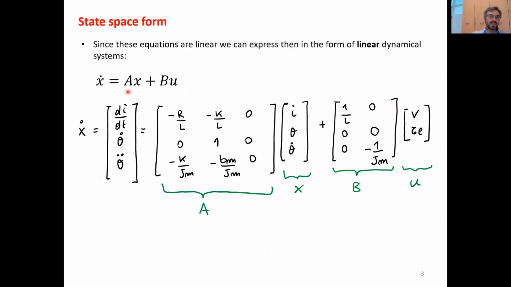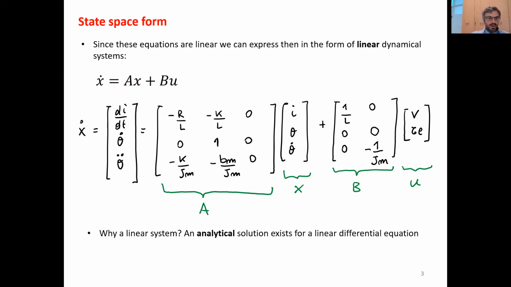This is a state space form for a linear system. You can have a state space form for a nonlinear system. In this case, you will have a function of x and u. In this case, since it's a linear system, you can separate the effect. It works the superposition of effects, saying that each input can affect separately the evolution of the state.